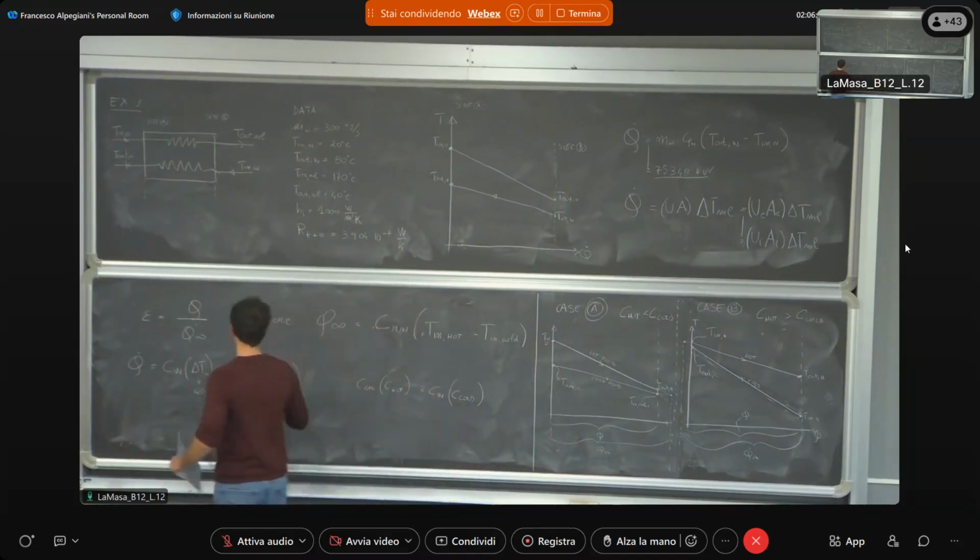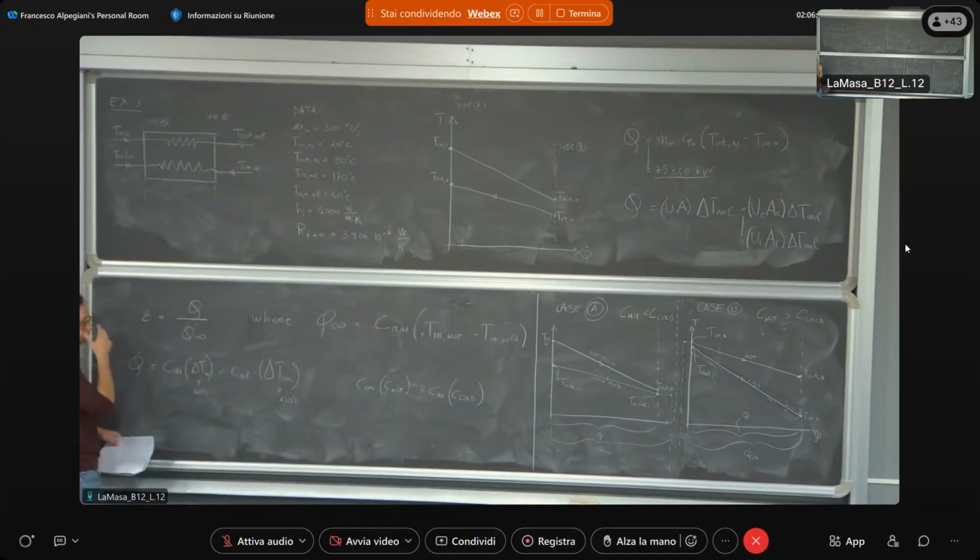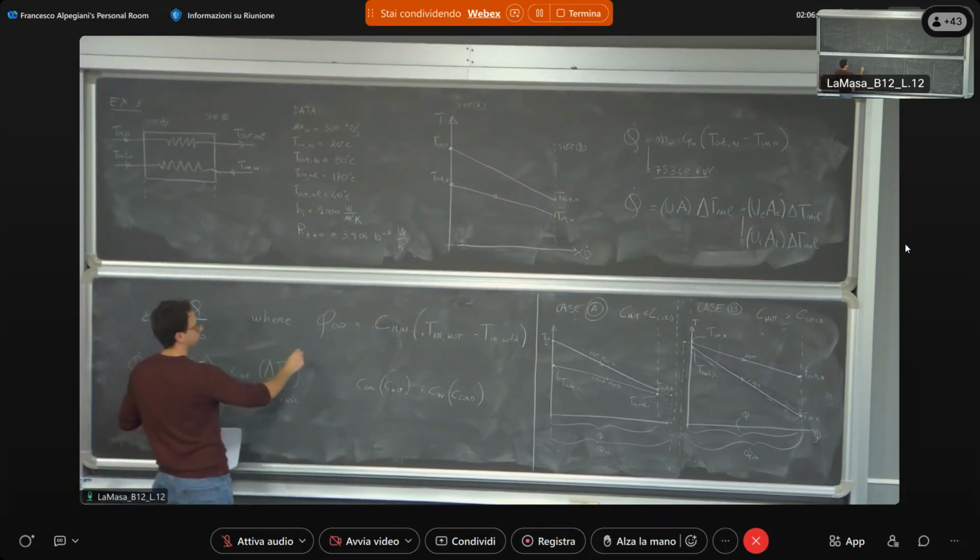From here, you can evaluate the value of C oil. So from here, reversing, Q divided by delta T of the oil is equal to C oil. And then, using this formula, you can evaluate Q infinite.